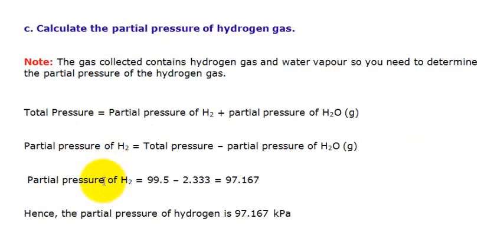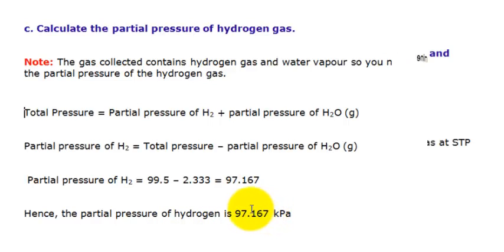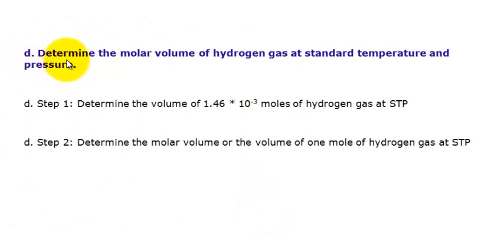So substituting values, partial pressure of hydrogen equals 99.5 subtract 2.333 equals 97.167. Hence, the partial pressure of hydrogen is 97.167 kilopascals.